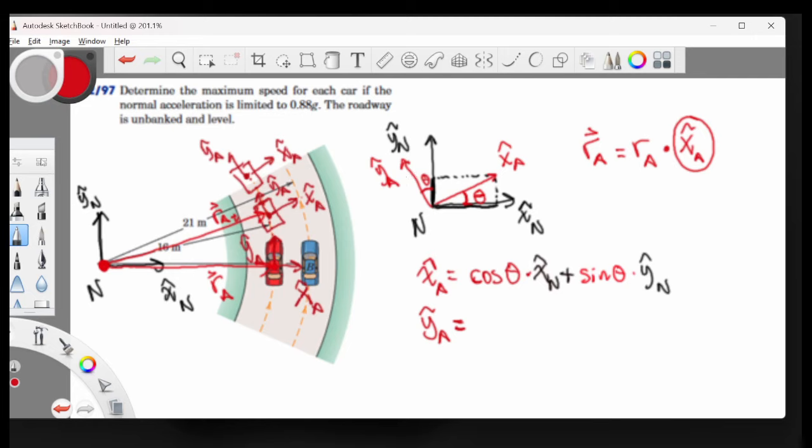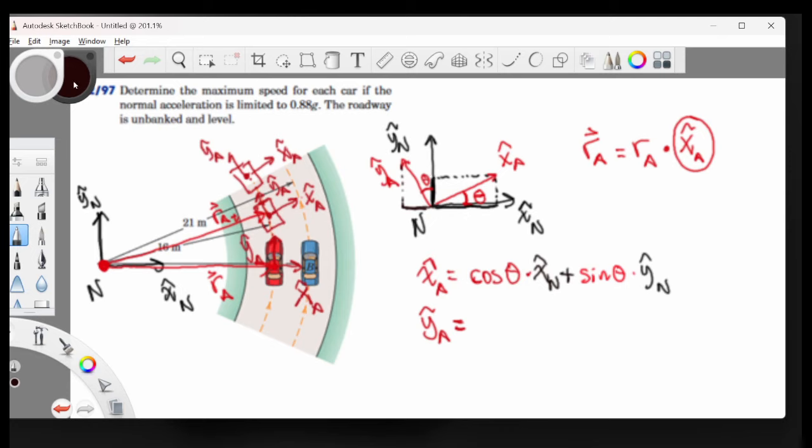We can see that the projection on the horizontal axis is negative in the direction of xN, so it's in this direction, and the length is sine of theta.